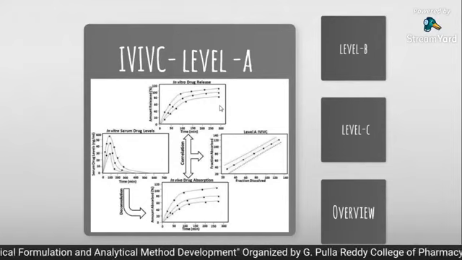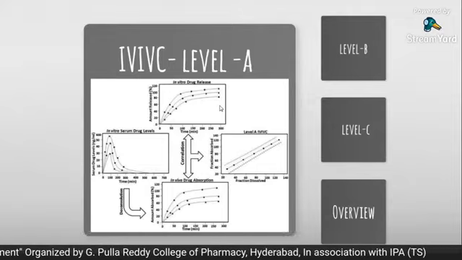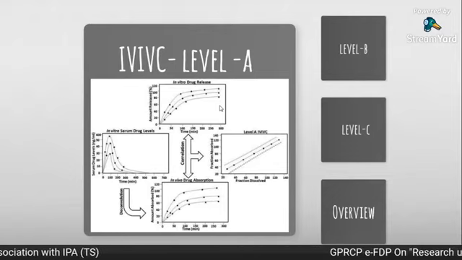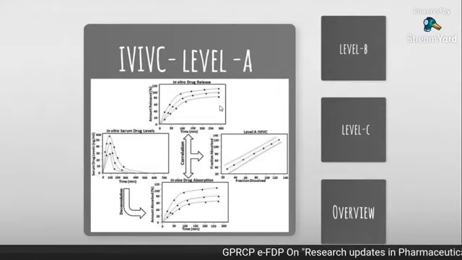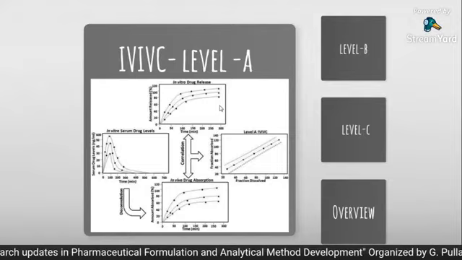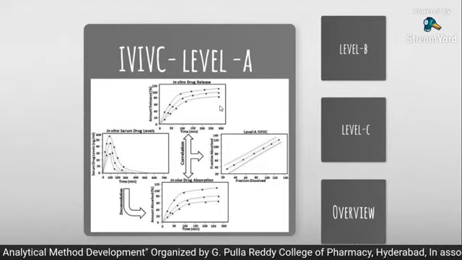In the entire GIT, we don't know from which part of the GIT the drug is going to absorb. And the prescribing conditions, whether it is to be taken on empty stomach or in fed state, we don't know. If you know, accordingly we have to decide the pH at which it is going to dissolve and the pH at which it is going to absorb.